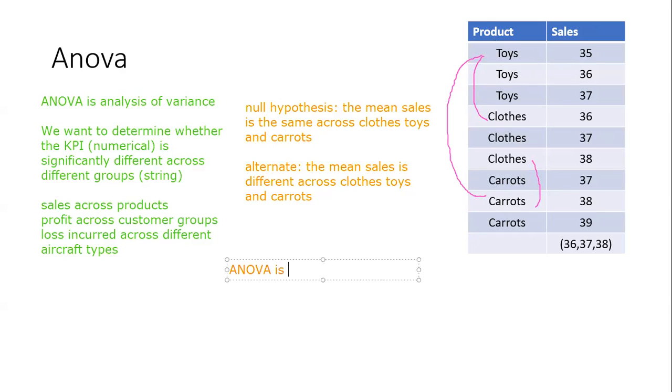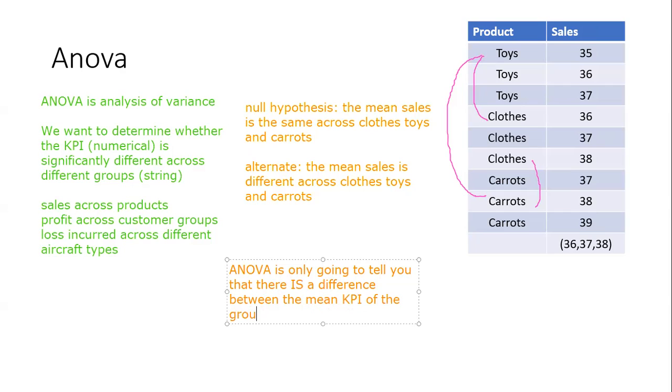So ANOVA is only going to tell you that there is a difference between the means of the groups, between the mean KPI of the groups. The Tukey test will tell you where the difference actually lies.